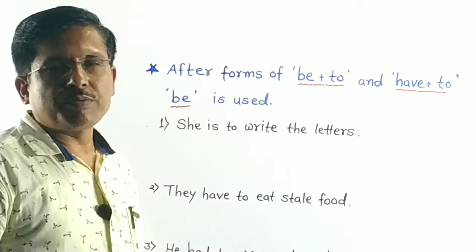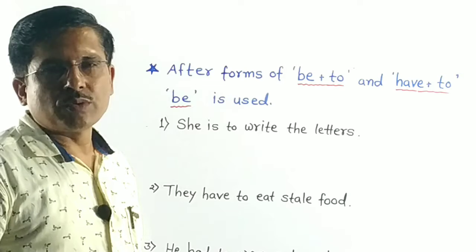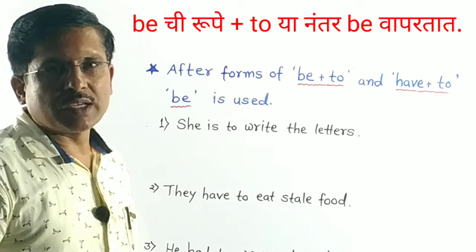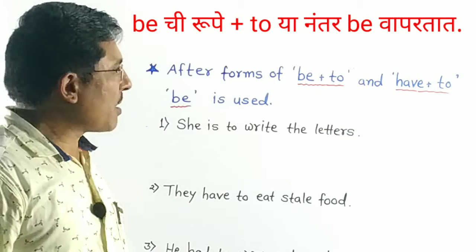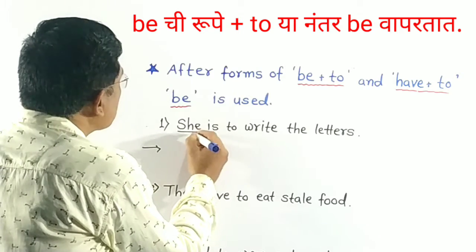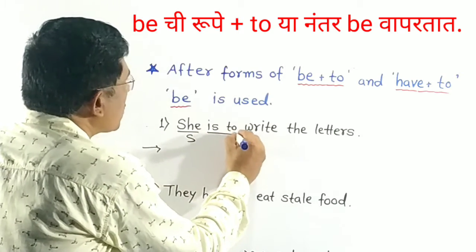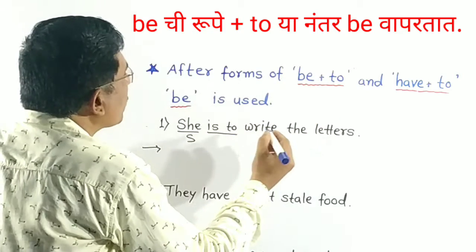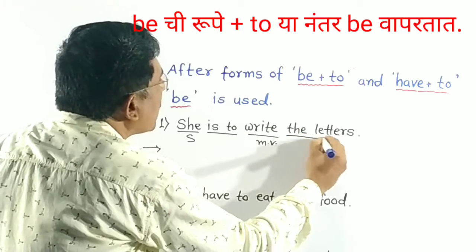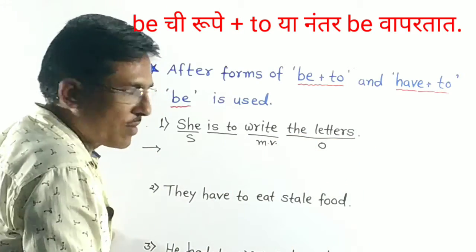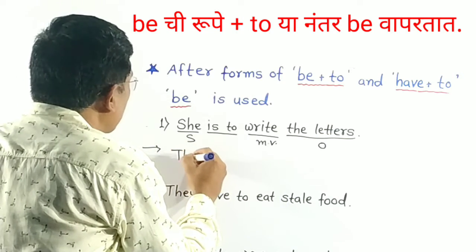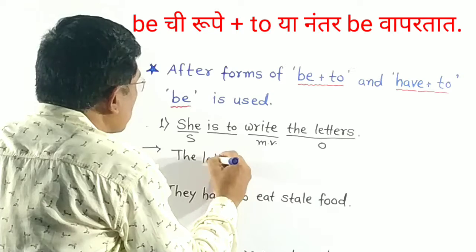After the forms of be plus to and have plus to, be is used in passive voice. See the examples. Here, she is subject, is to is the form of be to. This is the main verb. The letters is object here. Take object first, the letters.